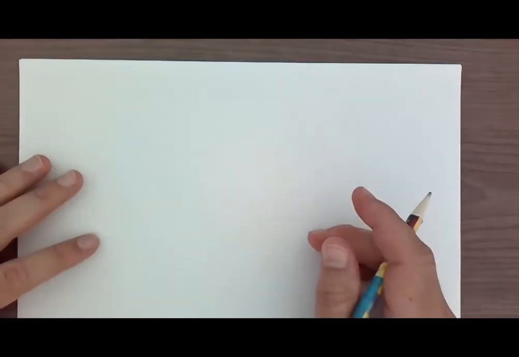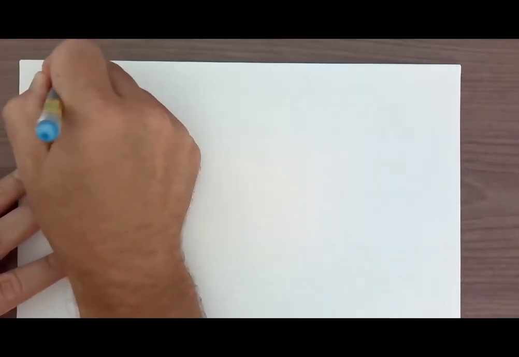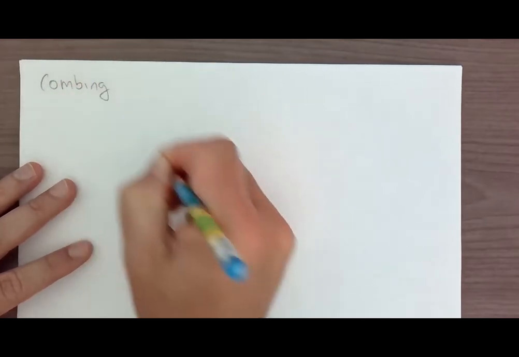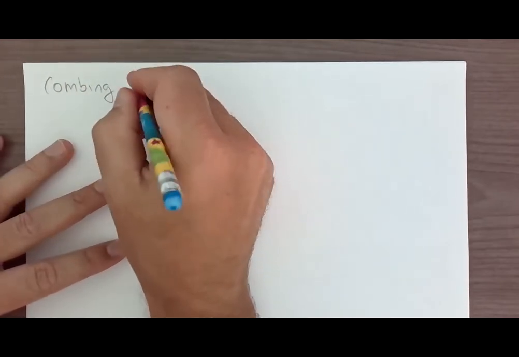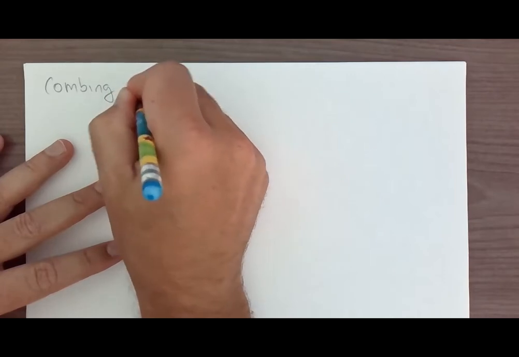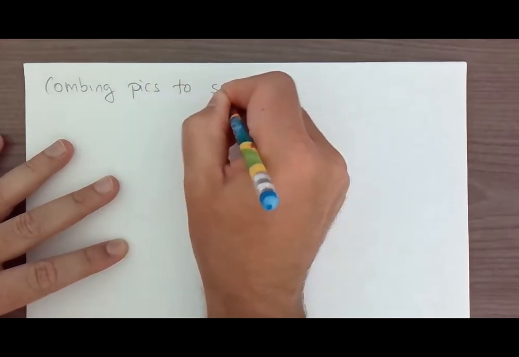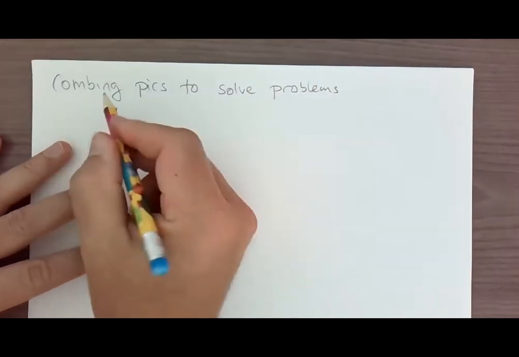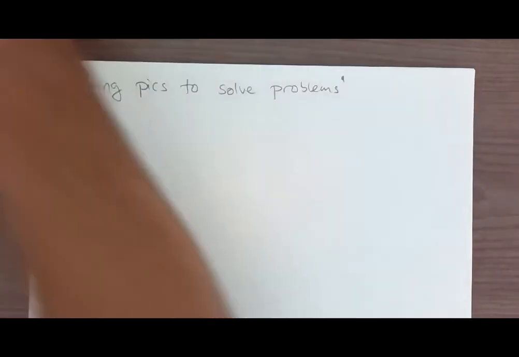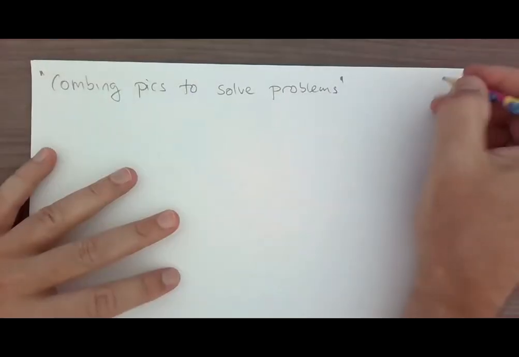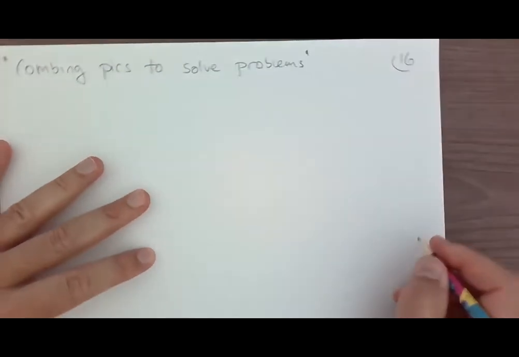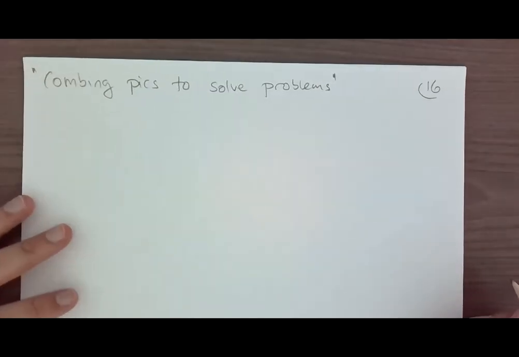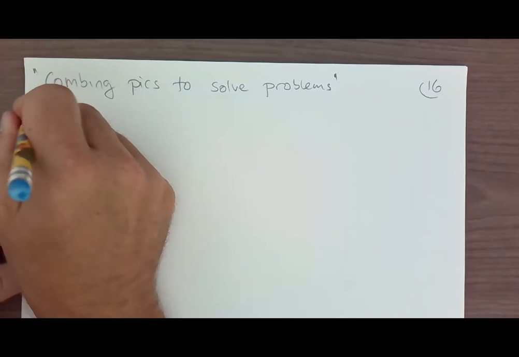It's one way to approach a complicated problem, but one thing that often comes up is combining pictures to solve problems. Okay, so this is very loose, I get that, but it really does come up in different contexts. Let me try to give you an example.